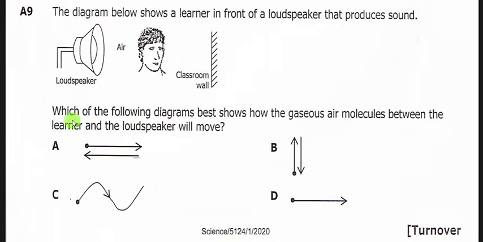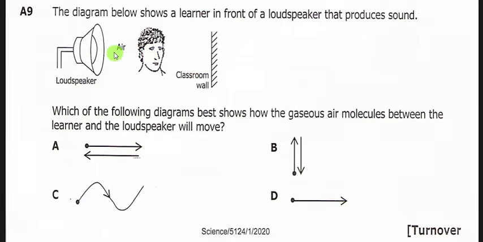Then they're asking which of the following diagrams best shows how the gaseous air molecules between the learner and the loudspeaker will move. So there will be gaseous molecules here. When the sound is produced, the speaker moves forward and backward, so it pushes air molecules here. So how do these air molecules move?